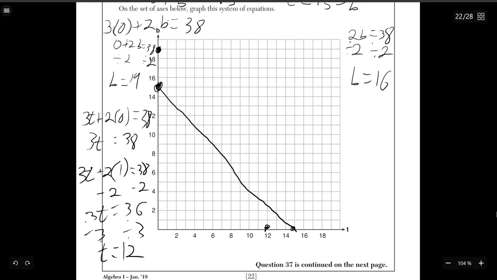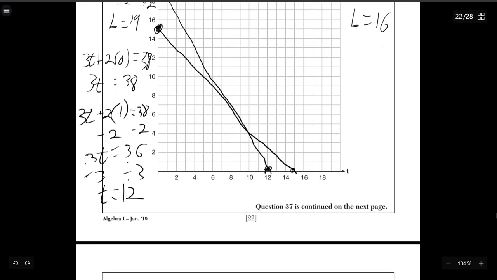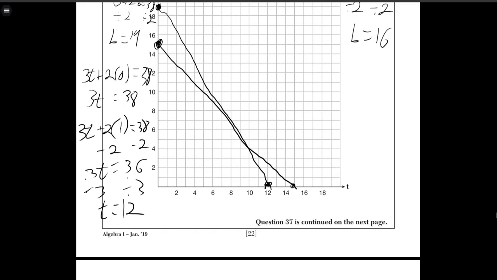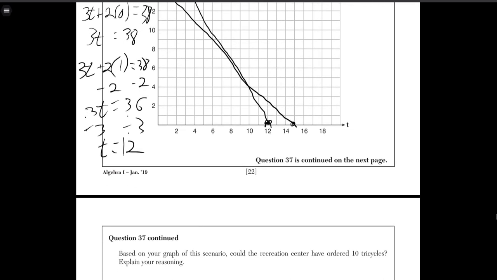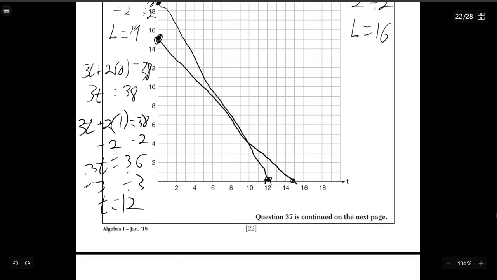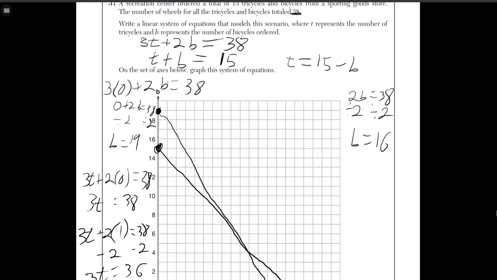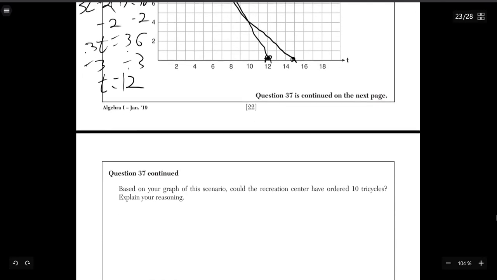That's right down here. And you'll use a straight edge so that everything will come out perfect. If you use a straight edge and draw the line perfectly straight, the point of intersection will be the solution to the system of equations.